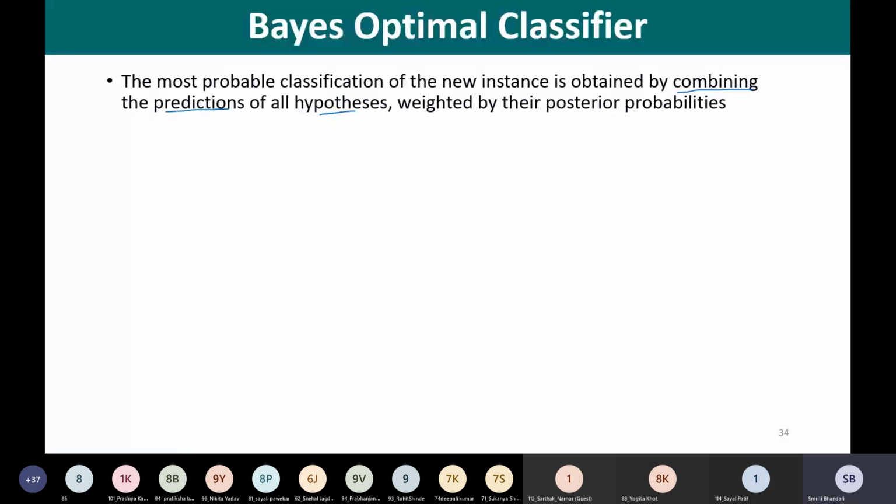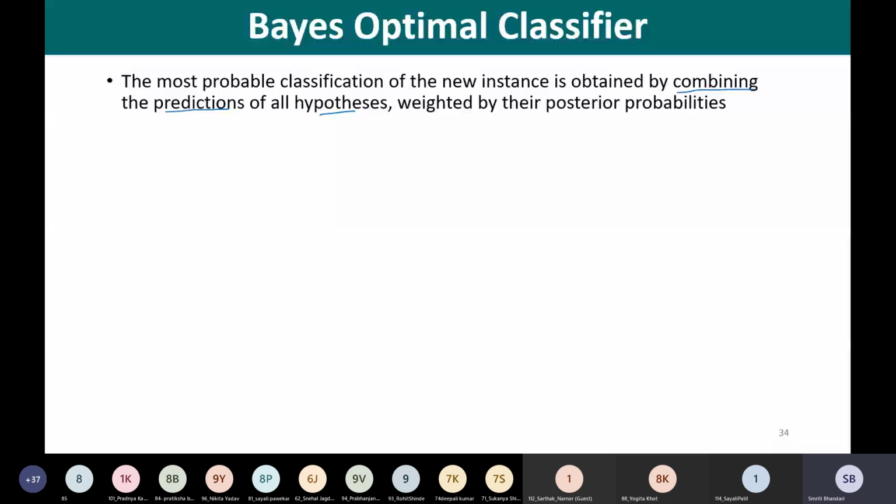So how to combine the predictions of all hypotheses? Simply, we'll be making use of all these posterior probabilities that we have, and we weigh the decision by these posterior probabilities of various hypotheses.